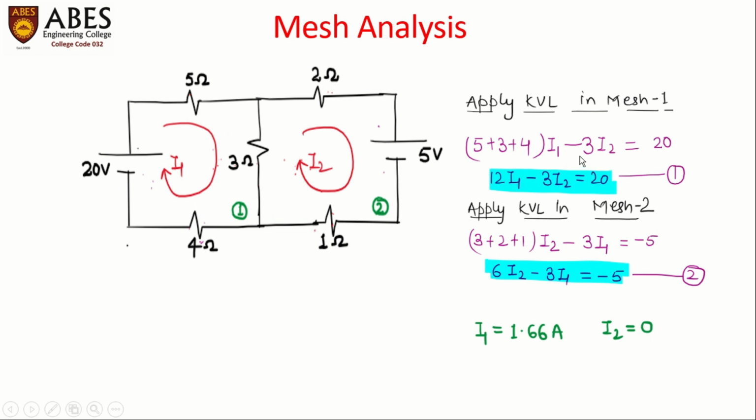That's why I have to take minus here. If I2 is in anti-clockwise direction, then the direction of I1 and I2 would be the same, and then we will take this positive.